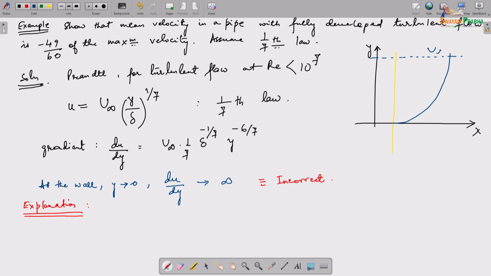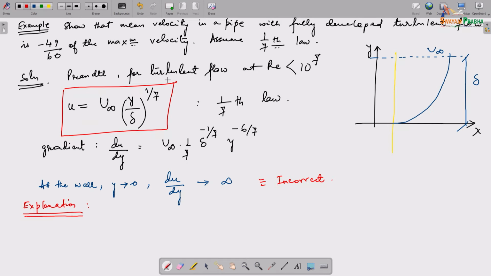Here is the free stream, and this is your boundary layer. The expression that we drew up, the 1/7 law, however, does not seem to be valid right next to the wall.